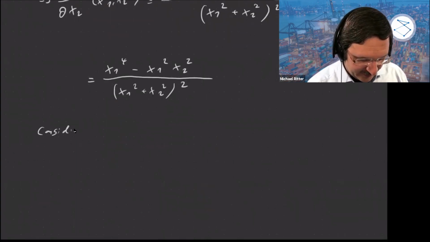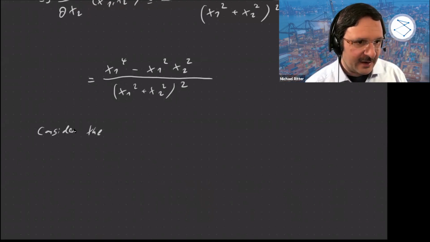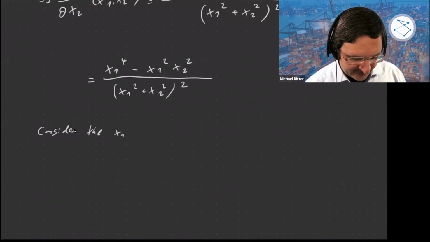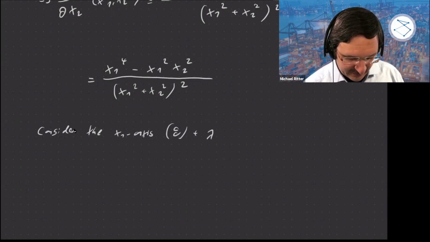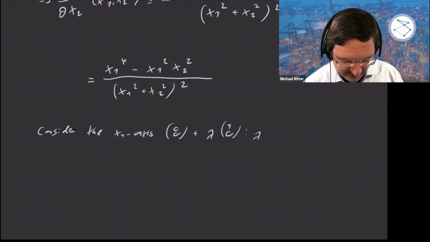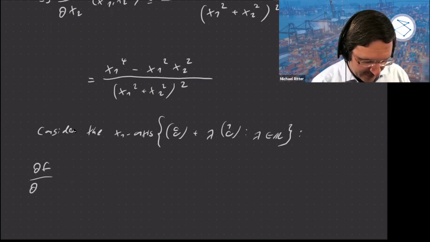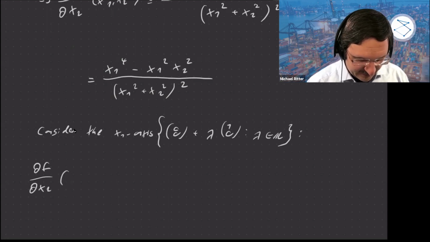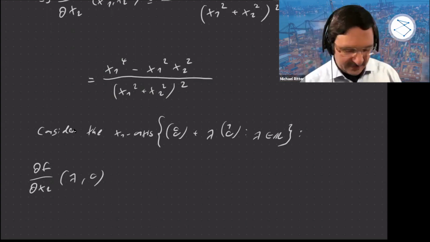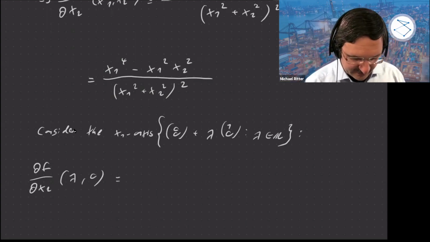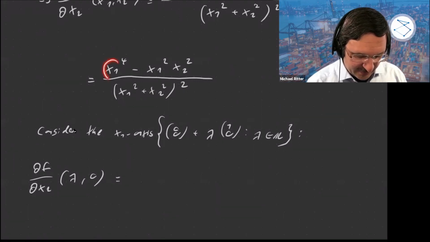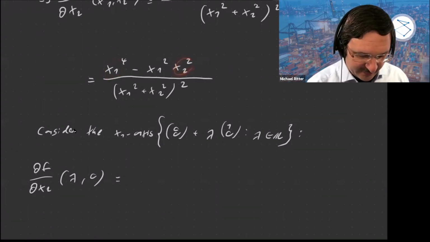So we consider the line, the x1 axis, (0,0) plus lambda times (1,0), lambda in R. And if we evaluate df dx2 along that axis, that means we evaluate that at lambda and 0. Now we just put a lambda instead of the x1 and a 0 in place of the x2.